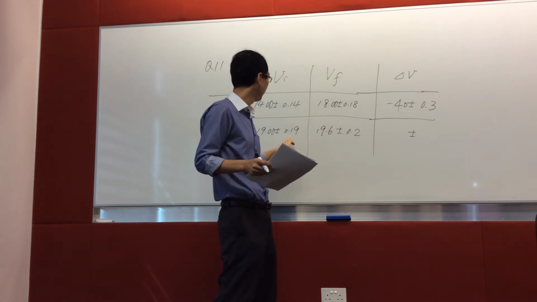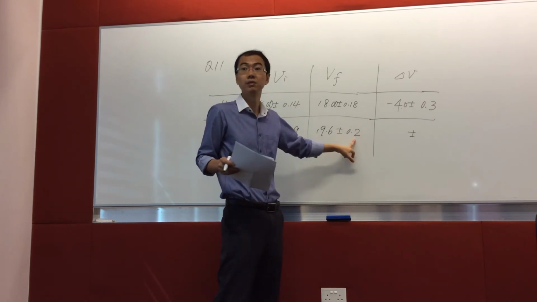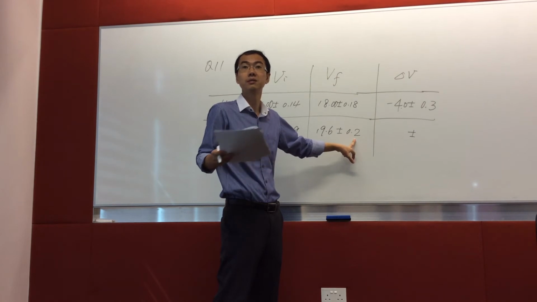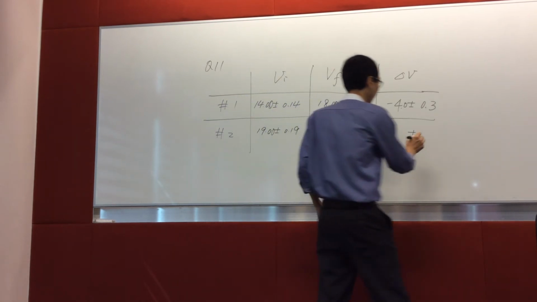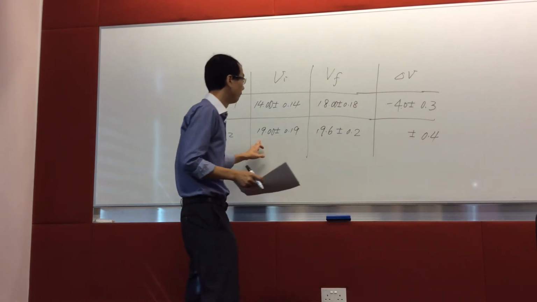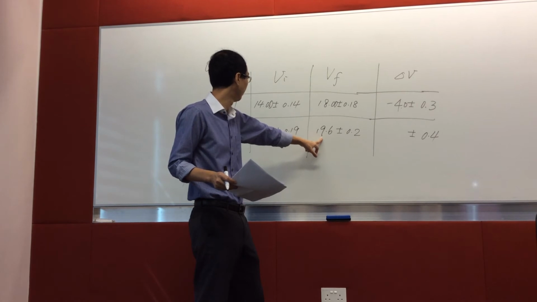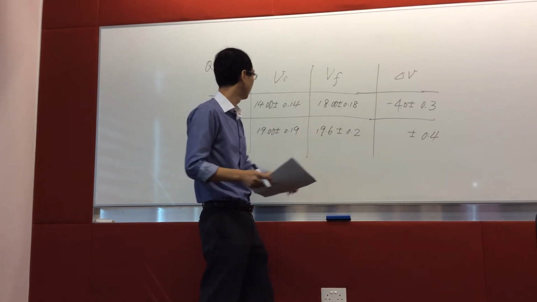So the uncertainty should be 0.39, you need to sum these two. Then you report as 0.4. Then the best estimate will be this one minus this one, which will be minus 0.6.